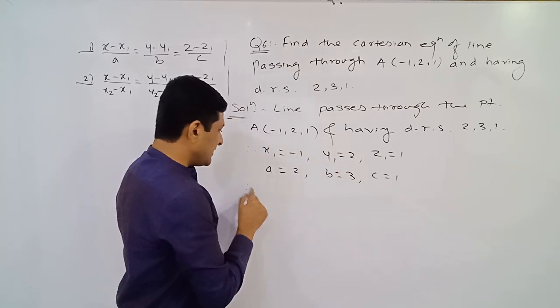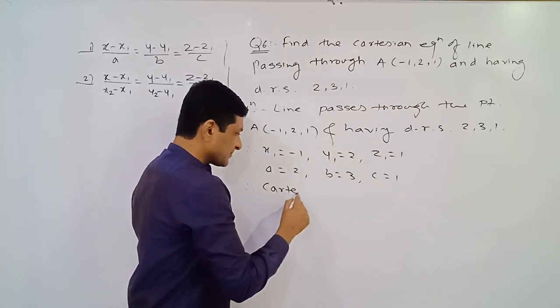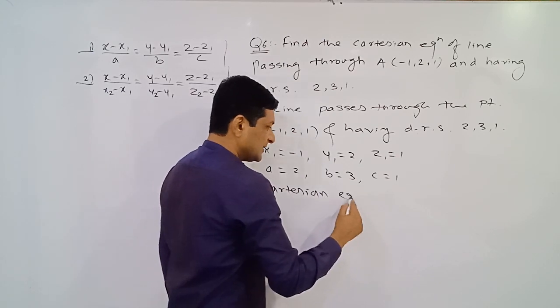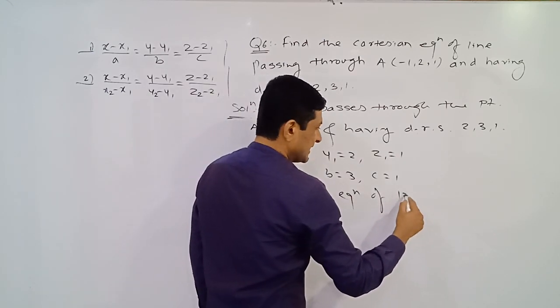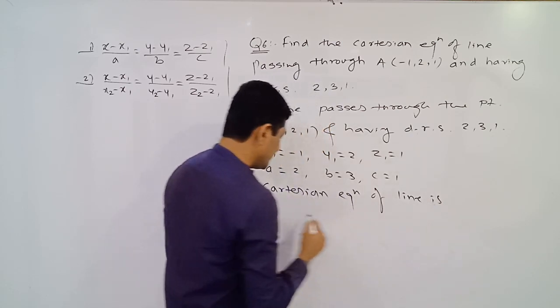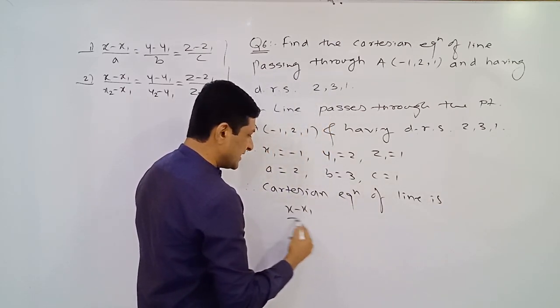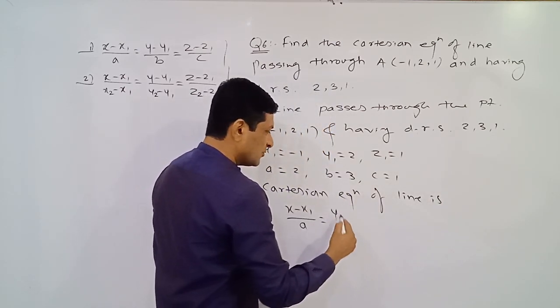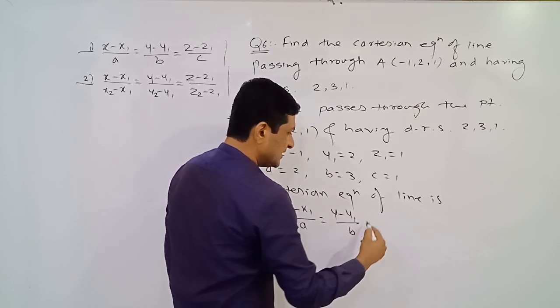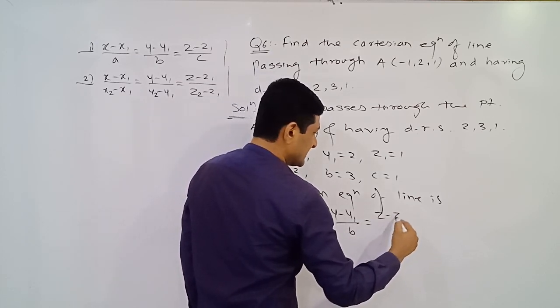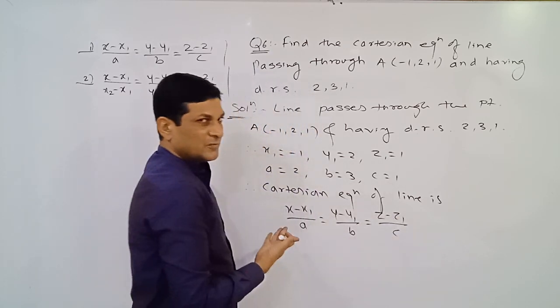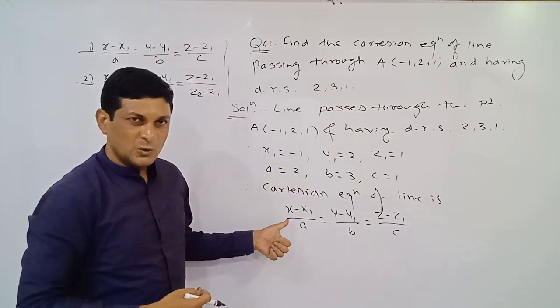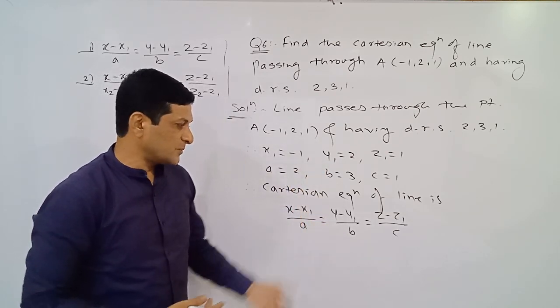So therefore the Cartesian equation of the line is, what will the Cartesian equation be? (x minus x1) upon a is equal to (y minus y1) upon b is equal to (z minus z1) upon c. The formula is already known to us. The remaining part is just to substitute these values.